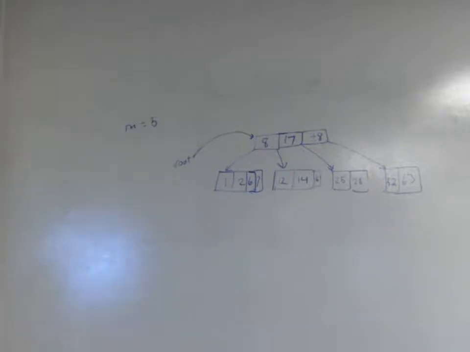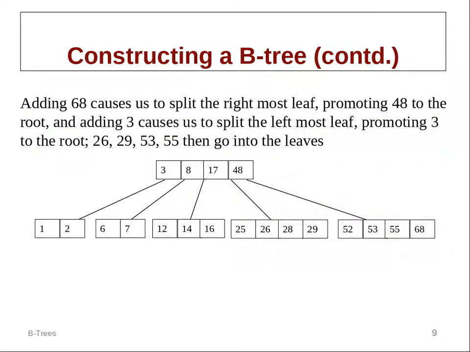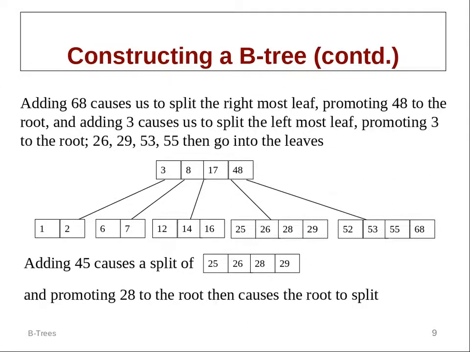All right, you got this pattern? So then we promote the 48, and then we add a bunch more numbers. Adding 45 causes a split on this one. If you add 45 to 25, 26, 28, 29, the 45 would go on the end, right here?